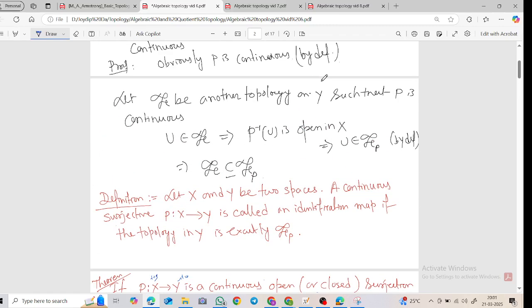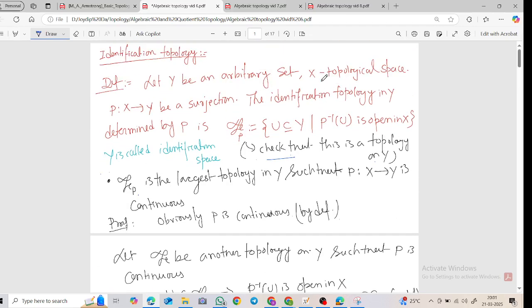Just as we defined this identification topology, where P inverse U is open in X only then we call U open in Y, we could do it like this: C subset of Y is closed if P inverse C is closed in X. That would have given the exact same topology.